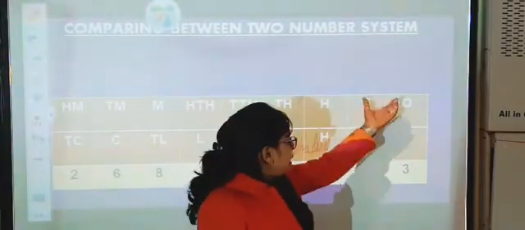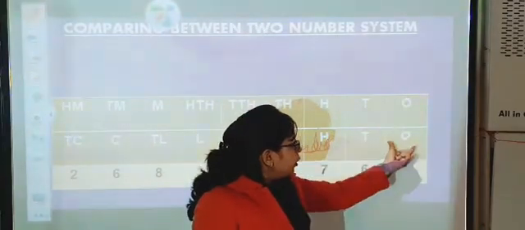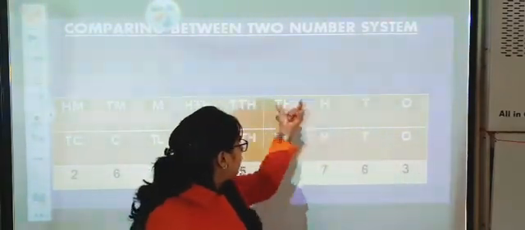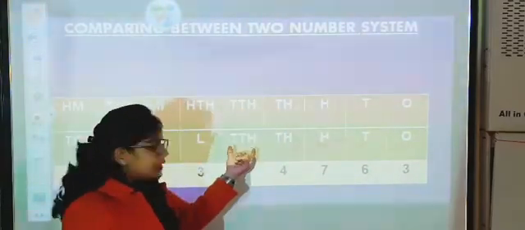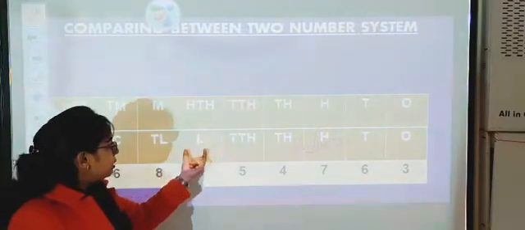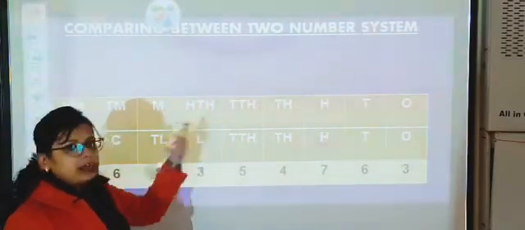If we compare from the right side, you can see that in both number systems we have ones, tens, hundreds, thousands, then the fifth place, that is 10,000. On the sixth place, in the Indian number system we have lakh, and in the international number system we have 100,000.